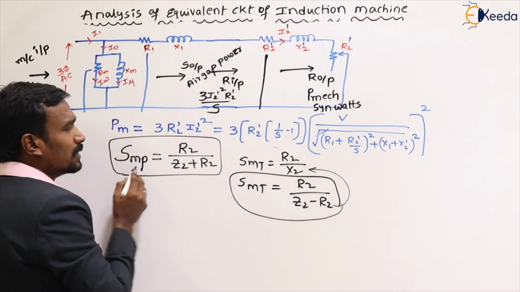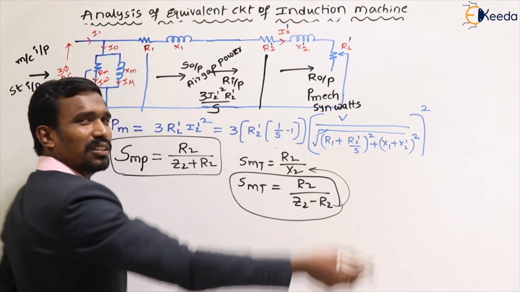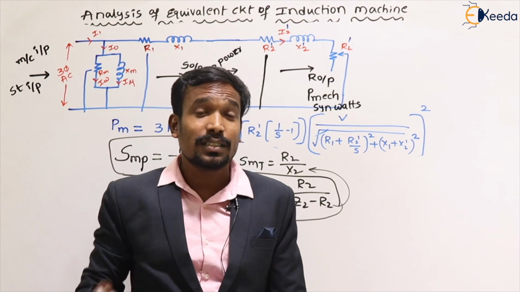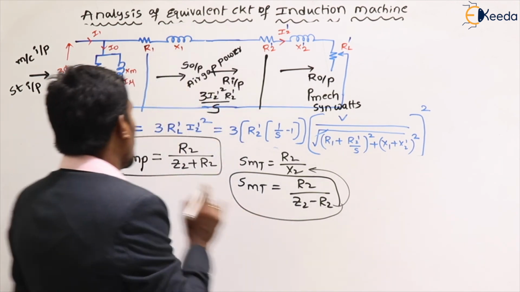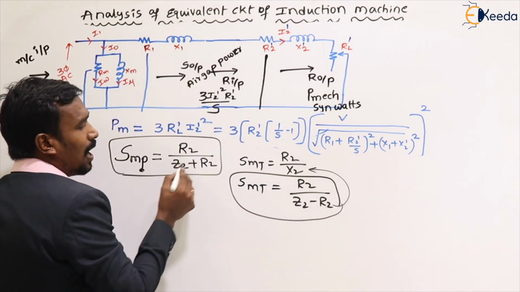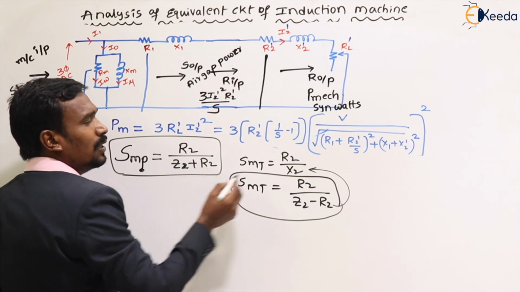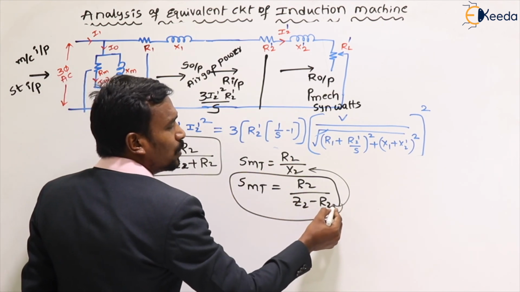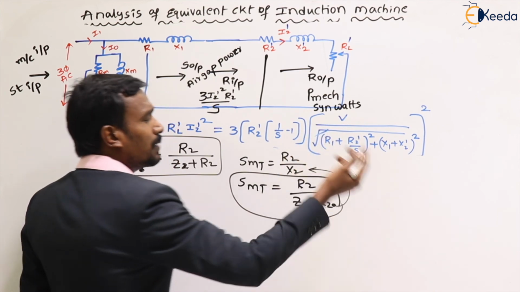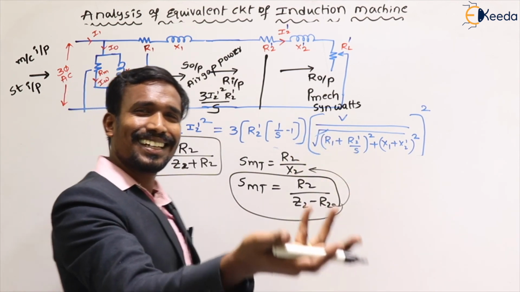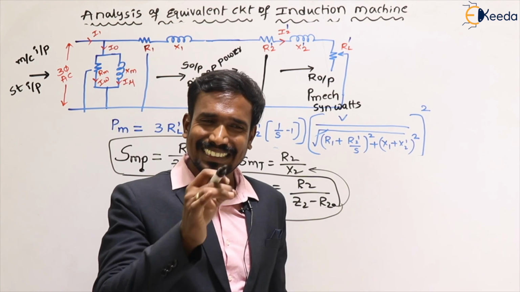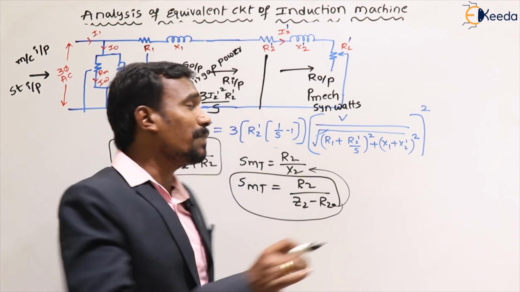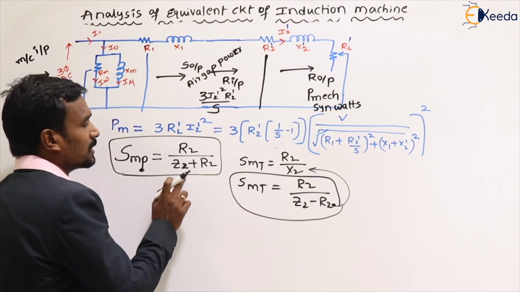For remembering purposes: slip at maximum power is R2 by Z2 plus R2, and slip at maximum torque is R2 by Z2 minus R2, which is X2. Yes or no guys? So this is the condition for maximum power.